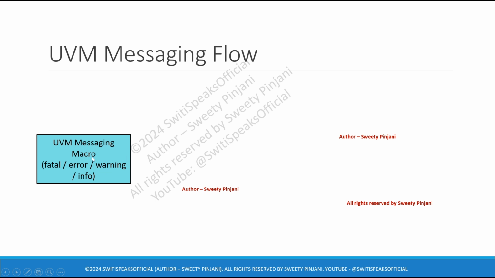This macro will tell you the importance of your message. Whether it is fatal, it means something very serious has occurred. Whether there is some error, there is a warning, or you are just printing an information. These can be 4 different kinds of messaging macros: UVM fatal, UVM error, UVM warning, or UVM info.